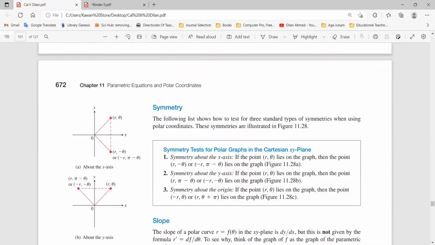First of all, we have symmetry. Symmetry means what? We have three kinds of symmetry for angles or for points: symmetry about the x-axis, the y-axis, and the origin.